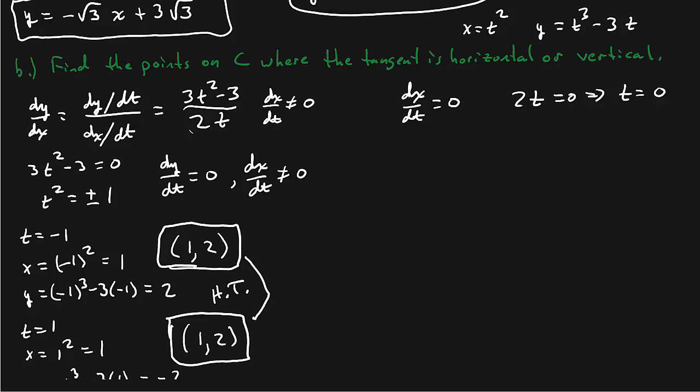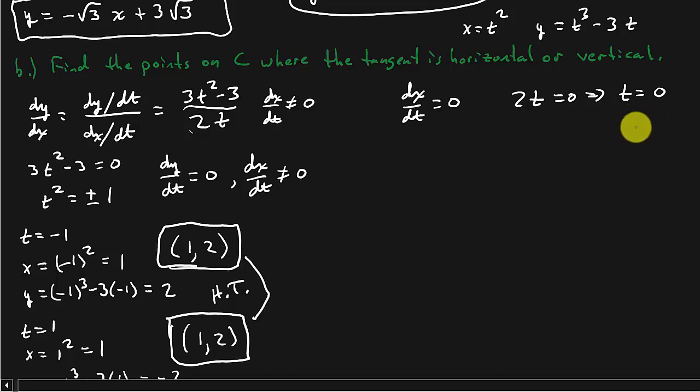Remember, to verify that you had a vertical asymptote, you had to show that the limit of the function as x approached the number from the left or the right, or just approached the number, equals infinity or negative infinity. Remember that? So let's verify that this is a vertical tangent here.